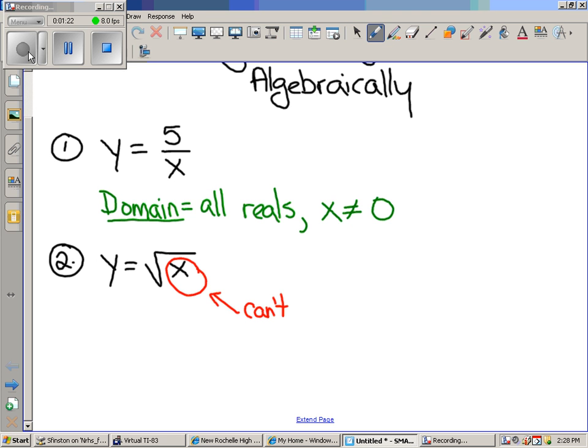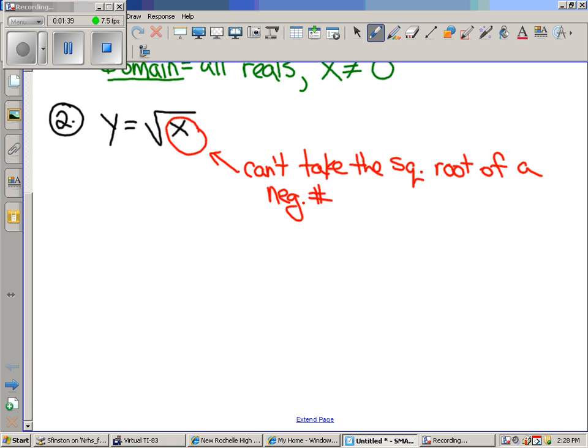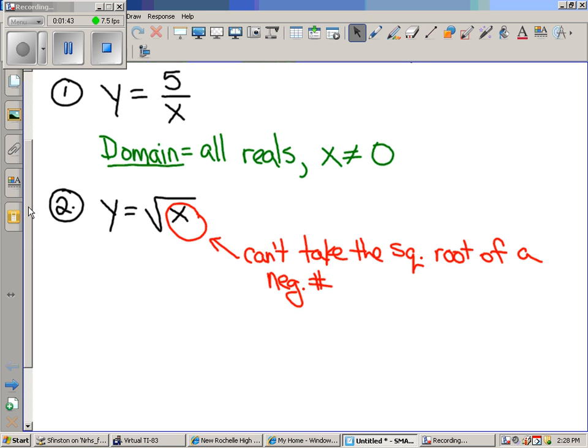Can't take the square root of a negative number. Then how do we write out the domain? Any ideas?